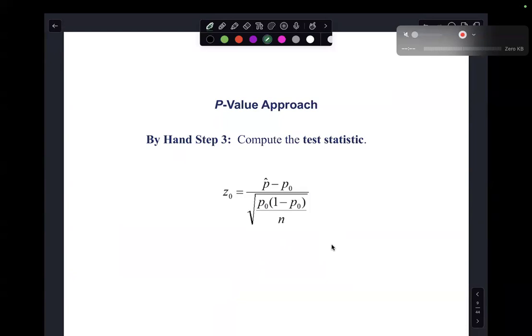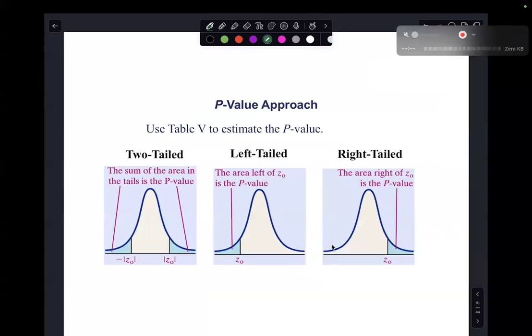You can use the z-table if you want, but nobody wants to use the z-table, right? Let's just use the calculator. So that's where I'm going with that. But with the p-value, if my p-value is smaller than the alpha, we will reject the null hypothesis. P-value less than alpha, reject the null.